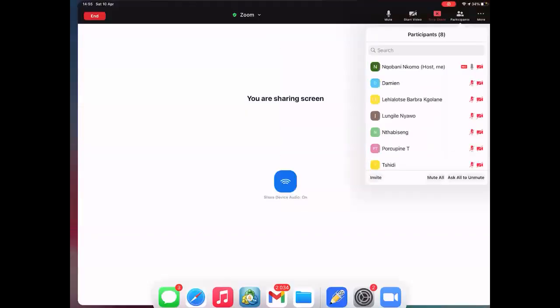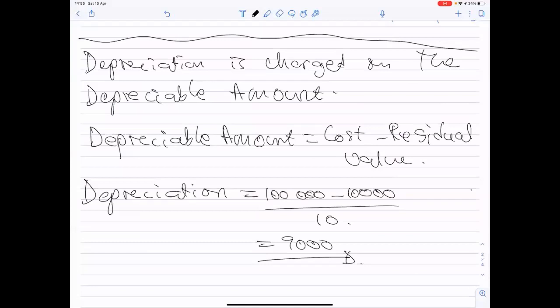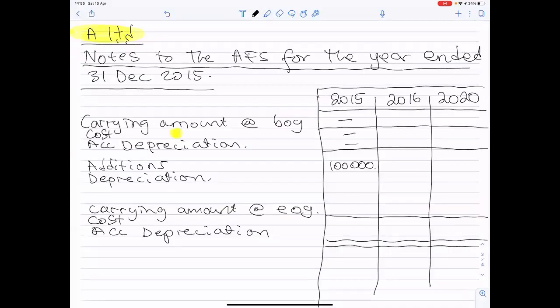All right, so we have a depreciation of 9,000. So when we disclose, we will put 9,000 there as our depreciation. At the end of the year, the cost of the asset is still 100,000.